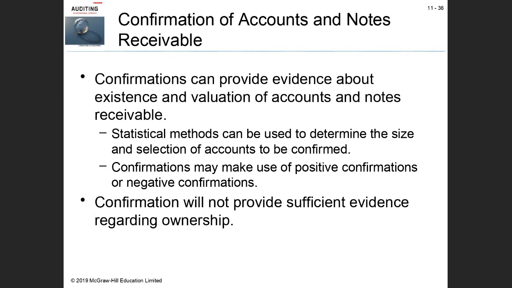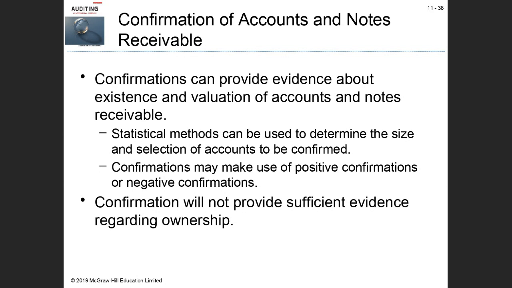If the customer does not confirm the balance, then the auditor will look for subsequent receipt. If the customer actually paid the account receivable balance after the end of the year, that's pretty good evidence that the amount was receivable. If the customer paid it in January, given a December year end, that's a good indication that there was a receivable at the end of December.